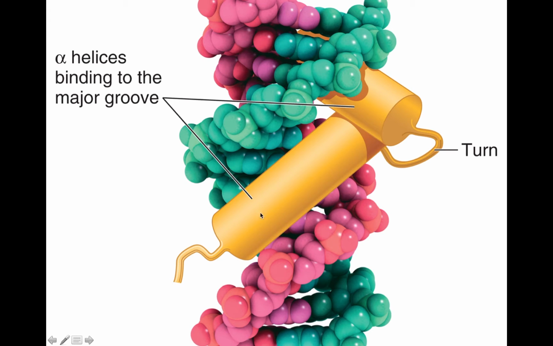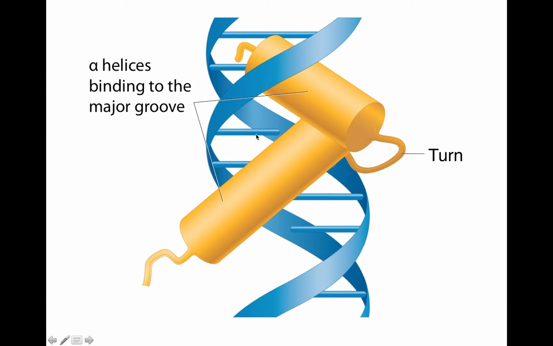The sequence of amino acids on these alpha helices interact with the sequence of bases that are protruding into the major groove of the DNA molecule, so that this interaction of the alpha helix and the DNA is very specific.